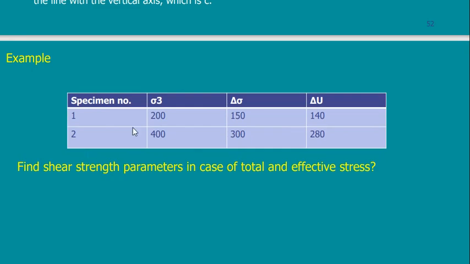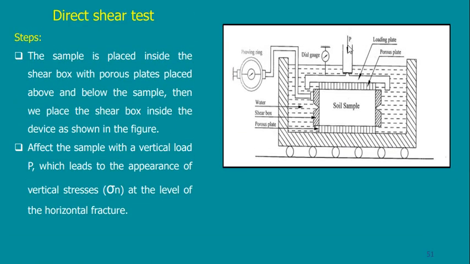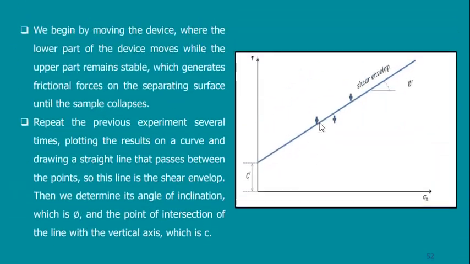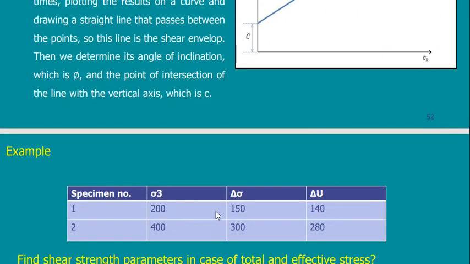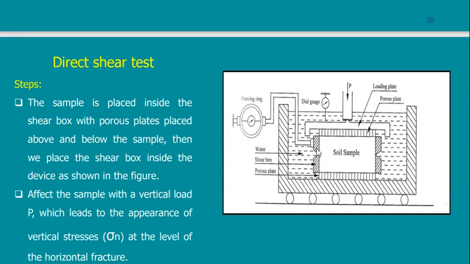I have 2 specimens. These specimens have different sigma 3. What is sigma 3? Sigma 3 is the value of the stress due to this load. I put a load and I put a higher load. These are the 2 loads, and then I put the additional load here that will cause shearing of the sample.